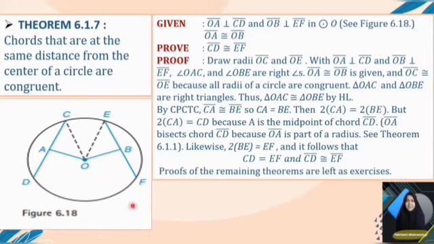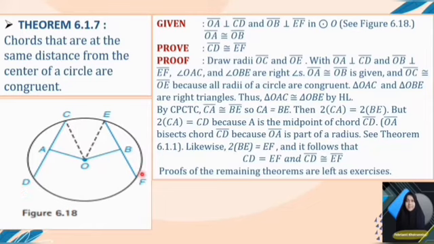Line segment OA equals line segment OB. We must prove line segment CD equals line segment EF. For proving, draw line segments OC and OE, with line segment OA perpendicular to line segment CD and line segment OB perpendicular to line segment EF.